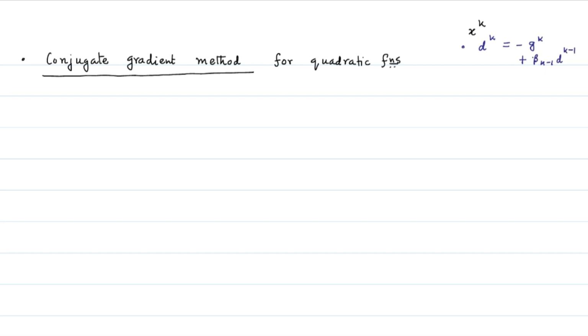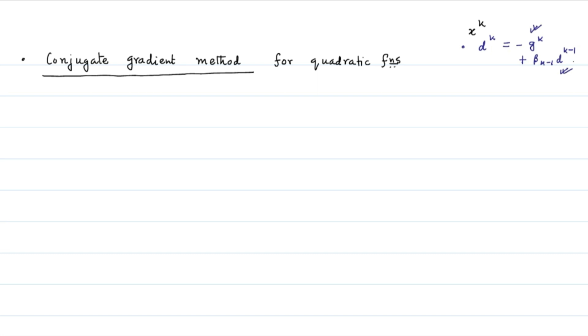We take this scalar beta k minus 1 in such a manner that this direction dk is Q conjugate with all the previous directions d0, d1 till dk minus 1. As in defining dk, we use the gradient as well as conjugate directions.